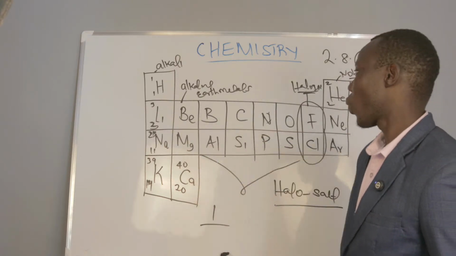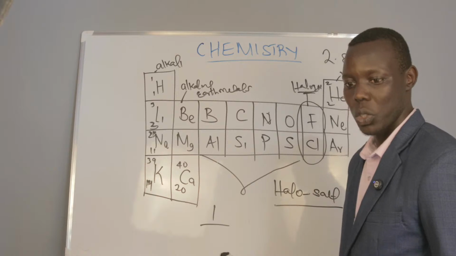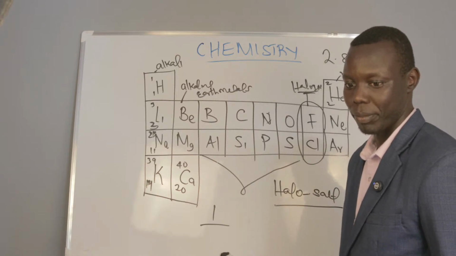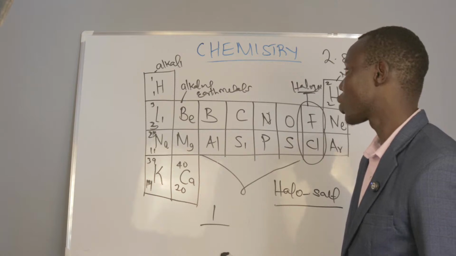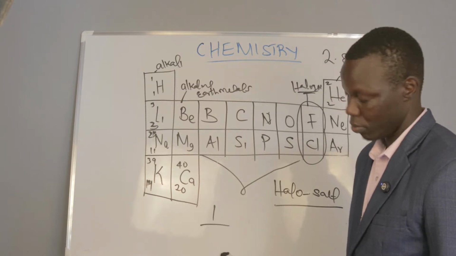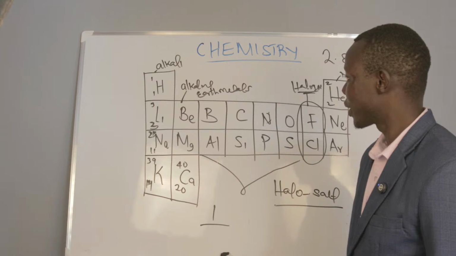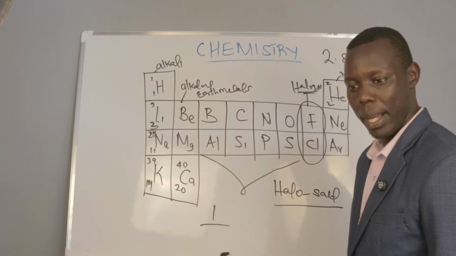Beryllium, what is the electronic quantification of beryllium? It is 2. Wait, no. What is the atomic number?